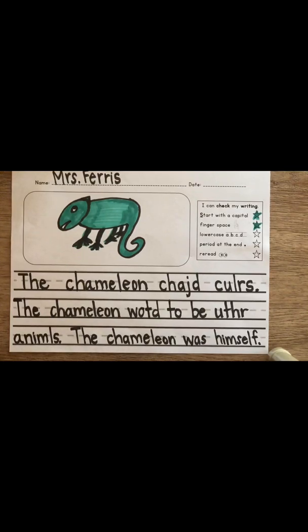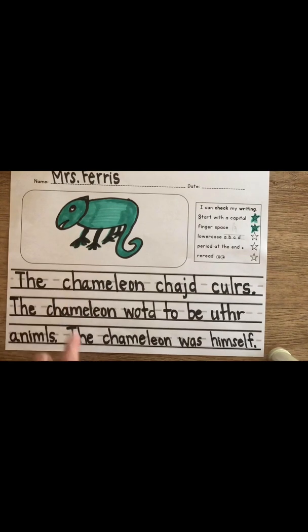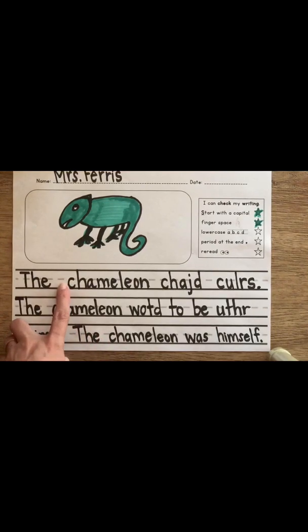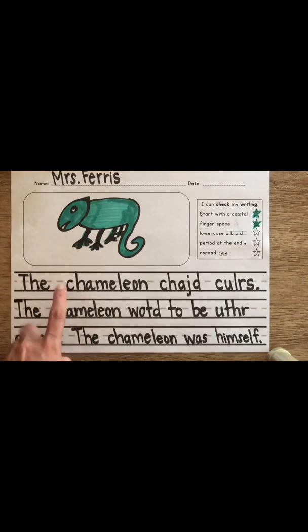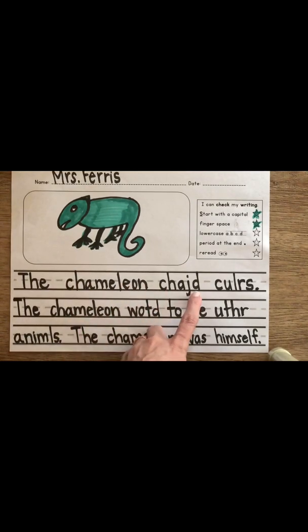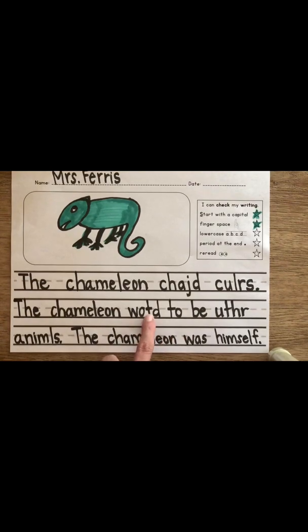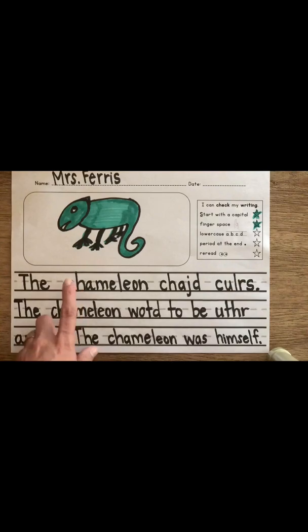Lowercase letters. Now, this is really important because I've been looking at some of your writing, and some of my kindergarten friends, they're doing lowercase letters starting at the top line. Remember, lowercase letters, they start at this second line. We only have a couple letters that are tall, like the H and the L and the D and the T and the B. Remember, we have some letters that are tall that go all the way up to the top line.